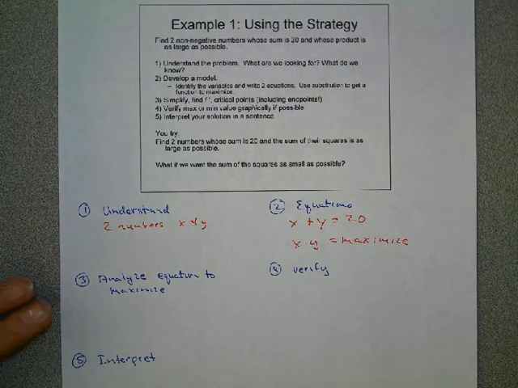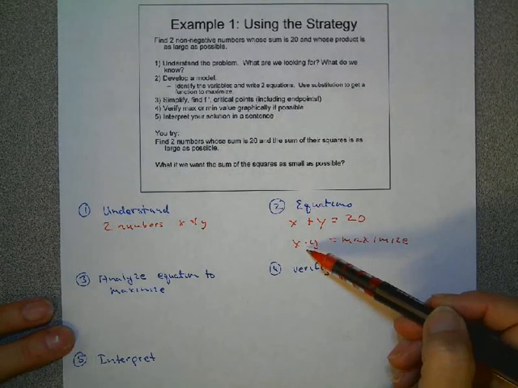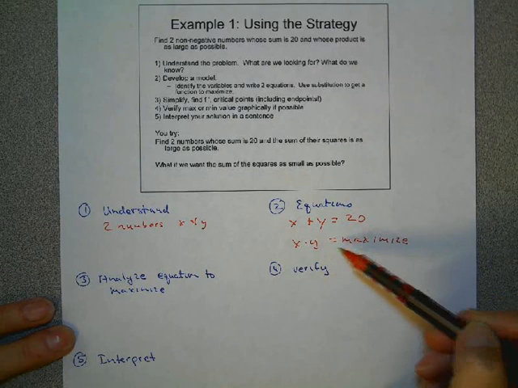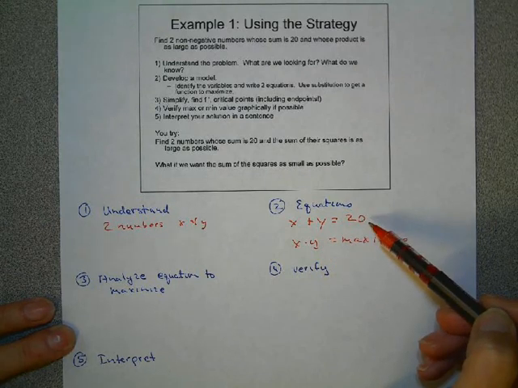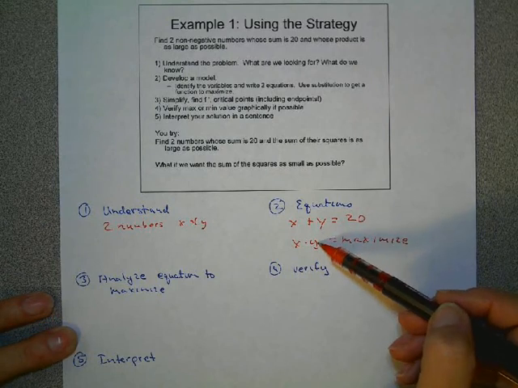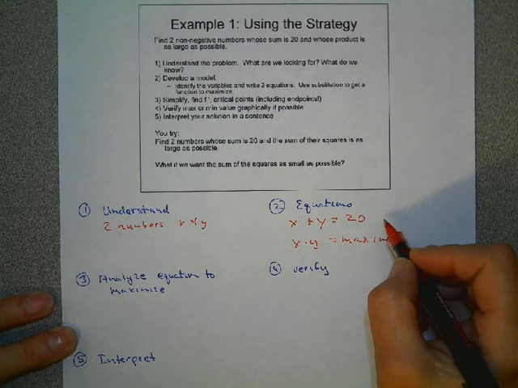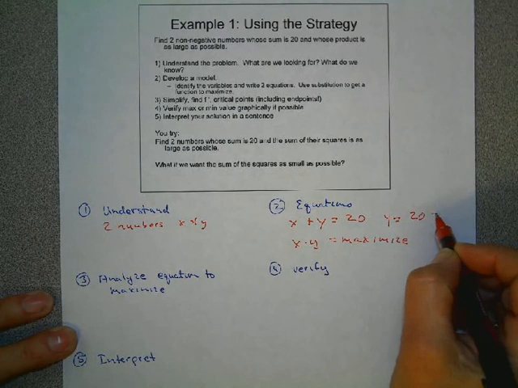Now, we know we can't maximize something with two variables in it. So I can take my constraint and say, instead of having y, I'm going to say that y equals 20 minus x.